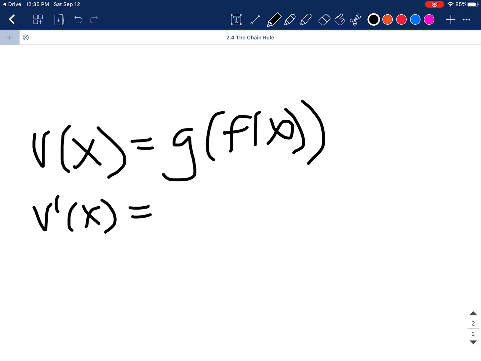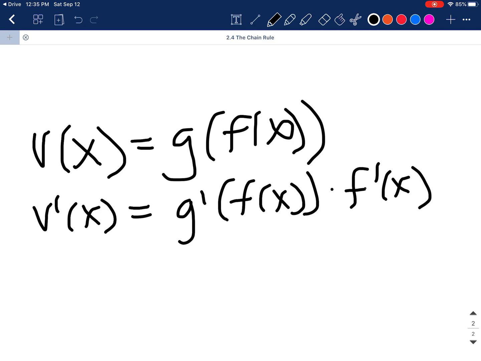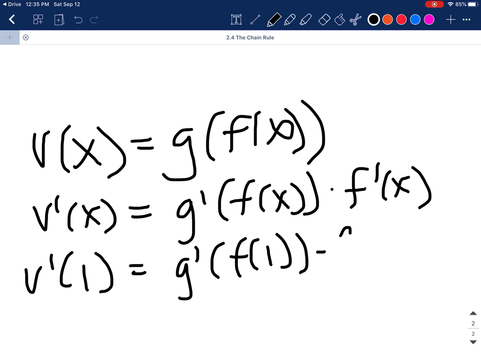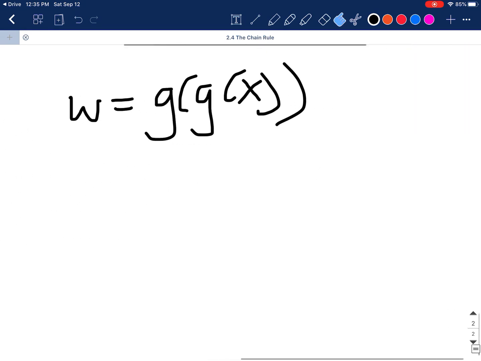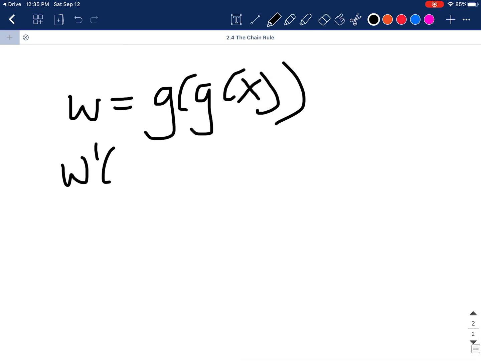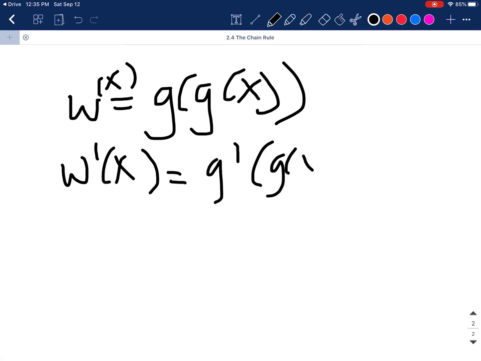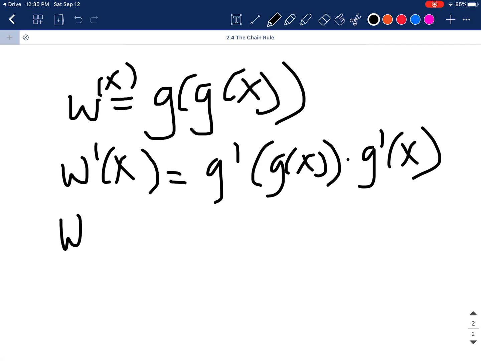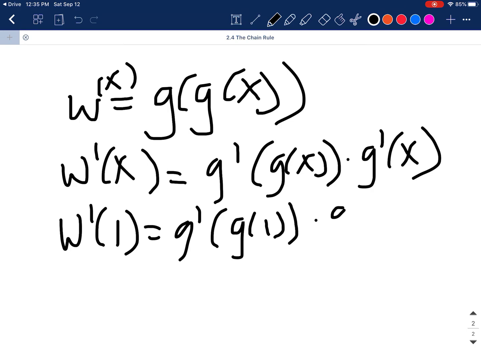For v prime of x is going to be g prime of f times f prime. So v prime of 1 is going to be g prime of f of 1 times f prime of 1. And then w prime of x is going to be g prime of g of x times g prime of x. So w prime of 1 will be g prime g of 1 times g prime of 1.